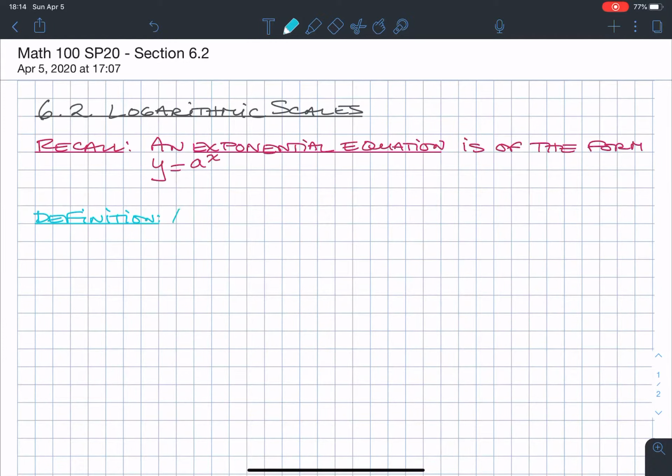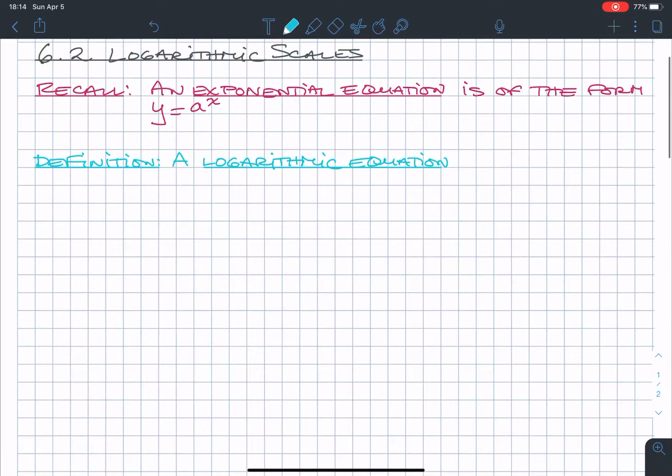So a logarithmic equation, that's what we're defining. A logarithmic equation is of the form y is equal to log base a of x, and this is read aloud.